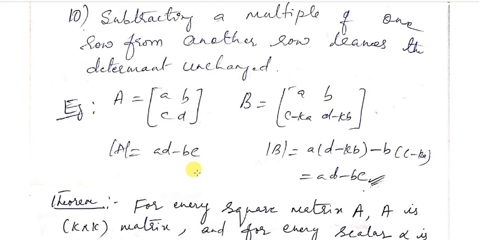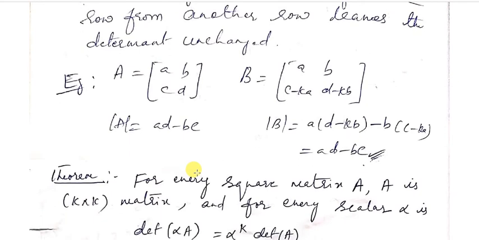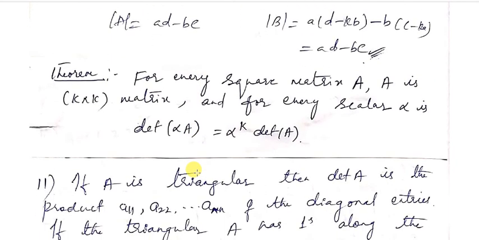So this property will help us for the row transformation. Whenever we use the row transformation, we will be adding or subtracting the rows with some scalars. Then the value of the determinant remains the same. With respect to these properties, here we have one theorem, which is a very important one.